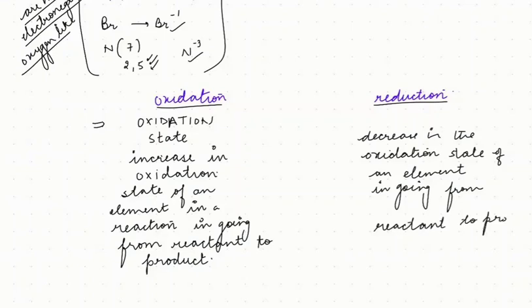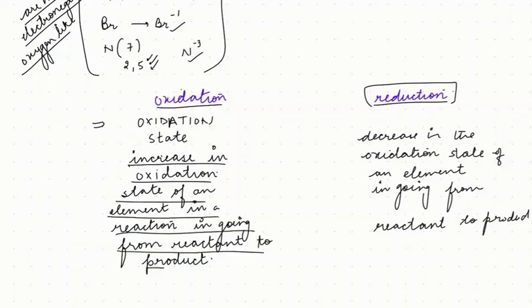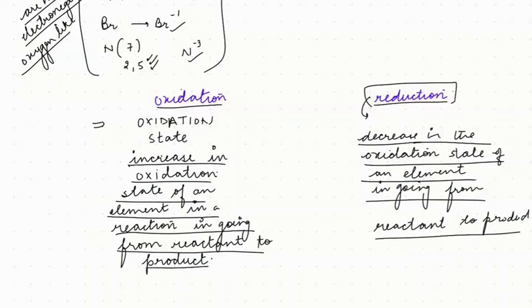So the more comprehensive definition of oxidation is the increase in the oxidation state of an element in the reaction in going from reactant to product state. And reduction means the decrease in the oxidation state of an element in going from reactant to product, right? So that is the basic part.